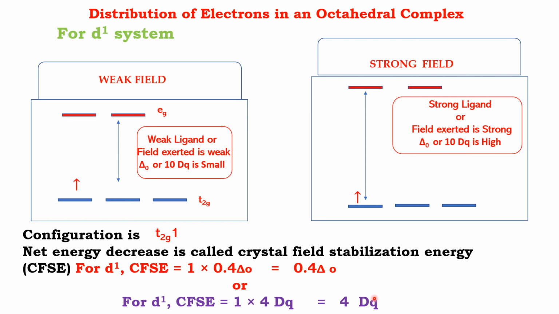So whether a particular d1 system is in a weak field or a strong field, its configuration becomes t2g1 and the system is stabilized by a crystal field stabilization energy of 4 Dq. So if we have to calculate the crystal field stabilization energy of a d1 system, whether it is in a weak field or a strong field, we could write that the electron enters the t2g level.